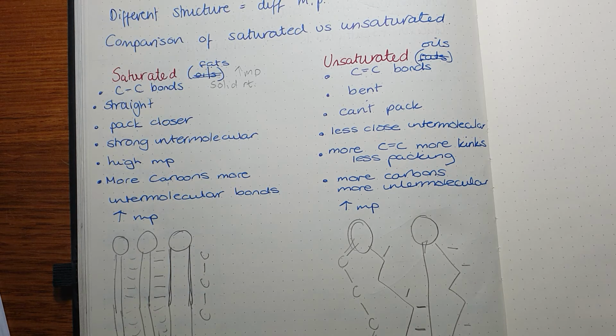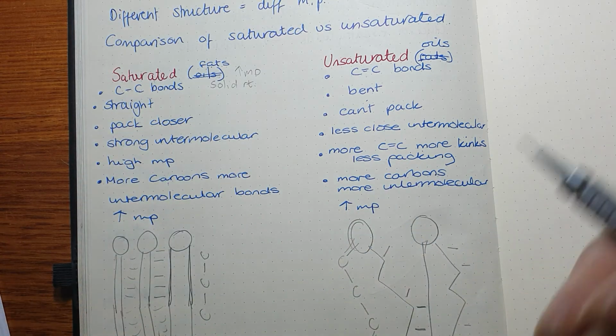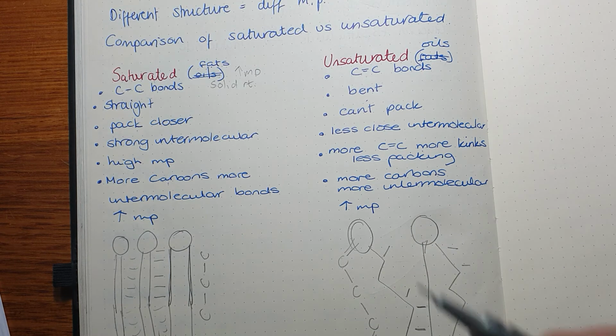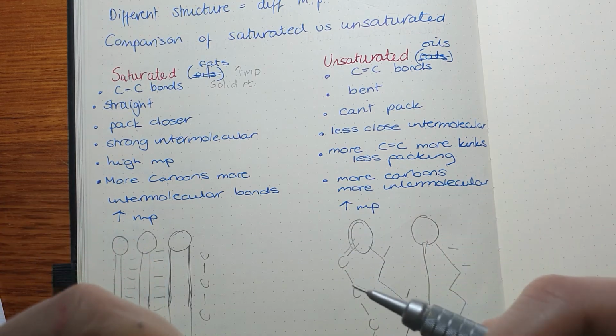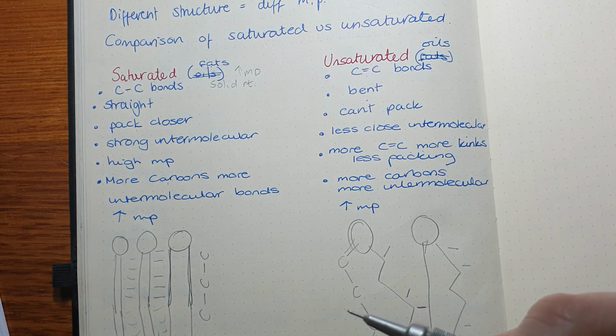I don't know off the top of my head which one, but they're going to have different numbers of these intermolecular bonds, and it means if we're heating them, they're going to have different boiling points or different melting points. So if we froze them and watched them defrost, their melting point is going to be very different.